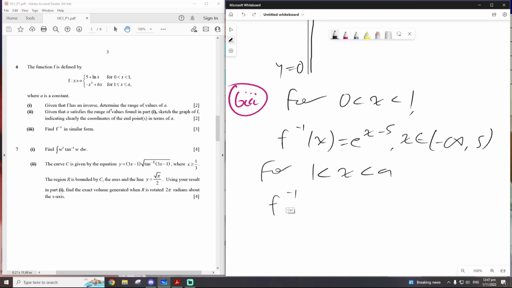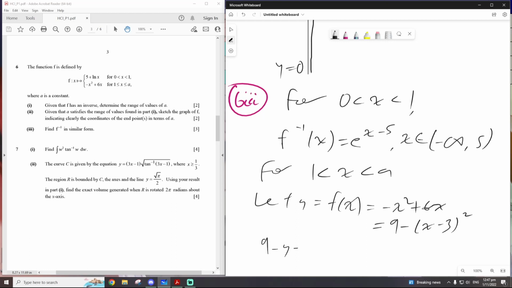How about I write the working out? Let y equals negative x squared plus 6x, actually f of x equals negative x squared plus 6x, which is 9 minus x minus 3 squared. So 9 minus y equals x minus 3 squared.